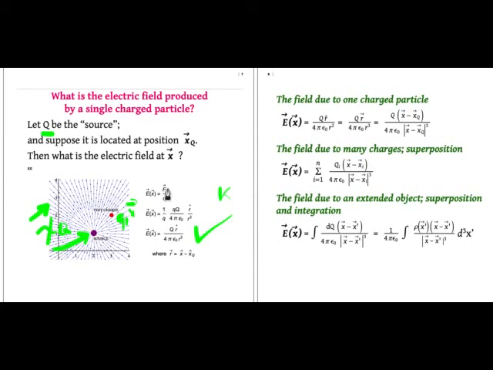And the force is proportional to the test charge. So when I take the ratio, I get something that doesn't depend on the test charge. In fact, at this point, I could say take the limit that the test charge goes to 0. I'd have the same electric field because the electric field just doesn't depend on the test charge. So see, the electric field is defined by the sources.